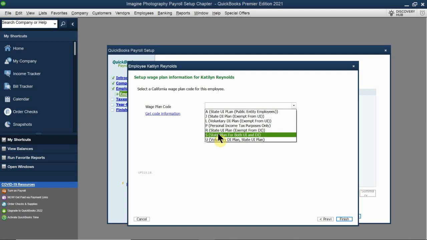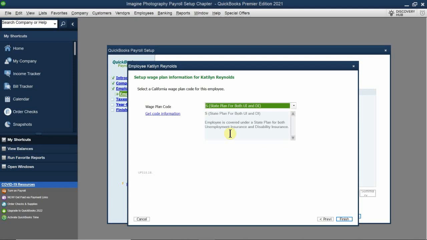The book says you want to use S for the state plan, for both UI and DI. So again, unemployment insurance as well as disability insurance. Okay. In this case, that's what the book says. Go ahead and select her to use the S. Okay. And then click next or finish.